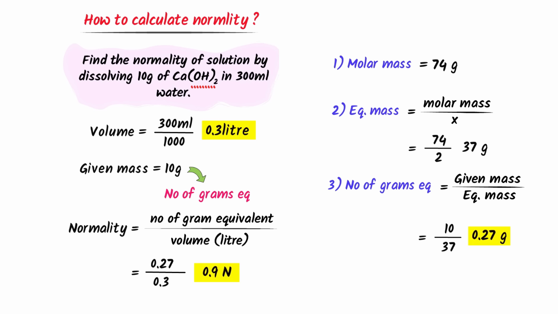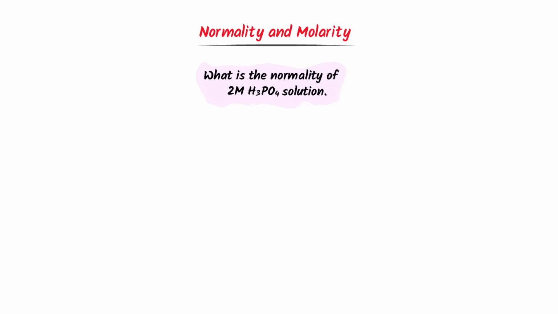Now let me teach you one important concept of normality and molarity which is usually asked in MCQs. What is the normality of 2M H3PO4 solution? Well, this 2M means that the molarity of H3PO4 is 2 moles per liter or just 2M.